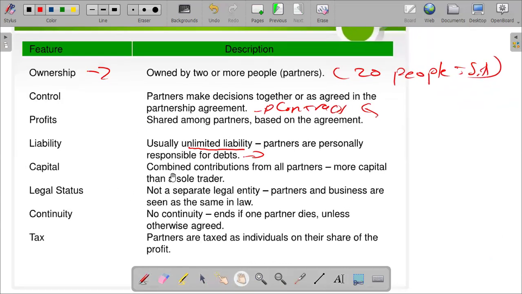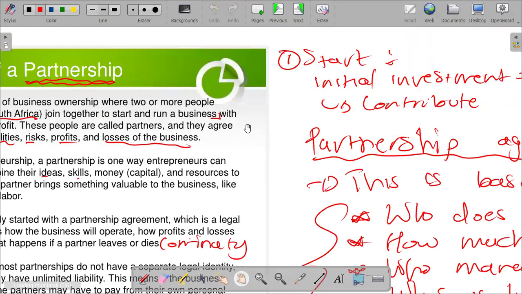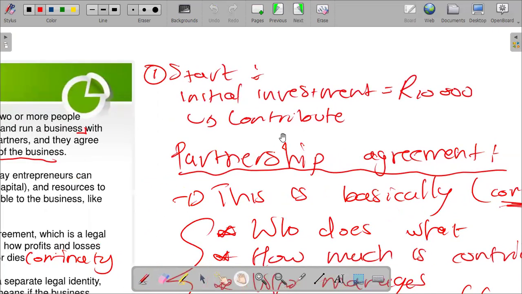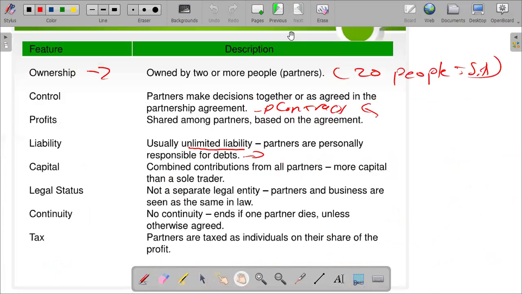And then the capital, it's the combined contribution from all partners. Remember here we talked about the initial investment, the contribution, right? So it will fall here at capital.